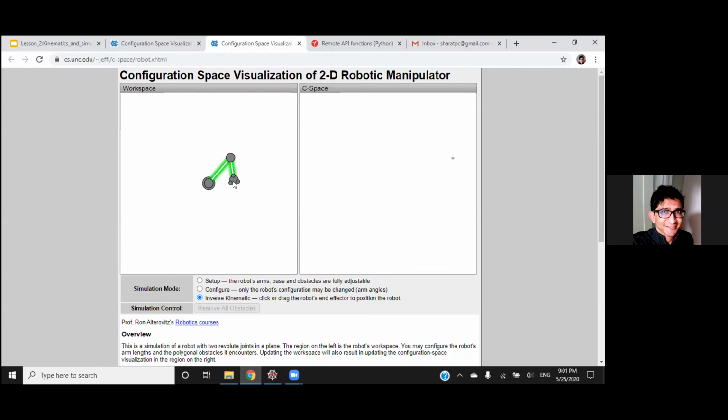I gave it the end coordinates of where its final destination should be, and it rearranged itself to ensure that its final coordination was met. So the algorithm determined that this was the most optimal arrangement to reach this final destination. So if I click here, I gave it an endpoint, and it found out that this configuration was the optimal way to reach this point. So that's essentially what inverse kinematics is all about.